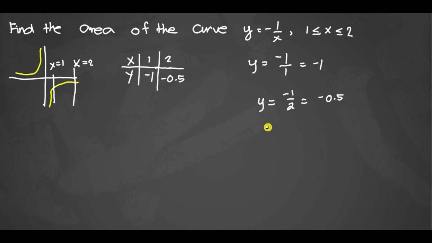Now, if you continue to create the table of values, you will notice that as x increases, y decreases and is approaching 0. But it will never be equal to 0 since this is an asymptotic function. So the table of values will help us to plot our graph.